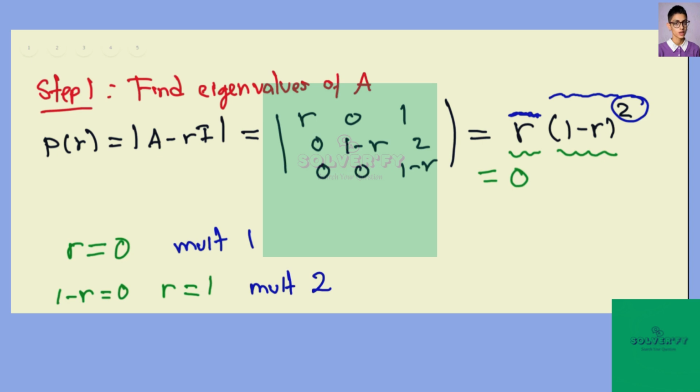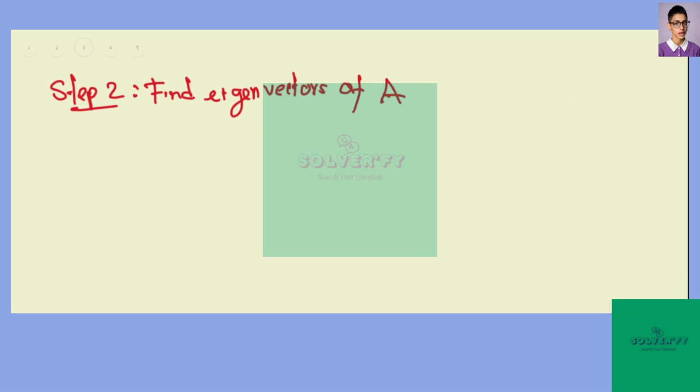We need to consider this multiplicity to find the generalized eigenvectors corresponding to each eigenvalue. So the next step is to find the eigenvectors of A. For the first eigenvalue R equal to 0, which is of multiplicity 1, we need to find the null space of the matrix A, which is this matrix 0, 0, 1, 0, 1, 2, 0, 0, 1.